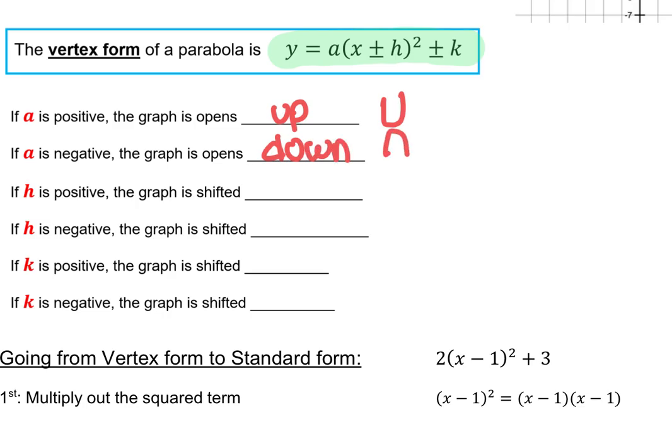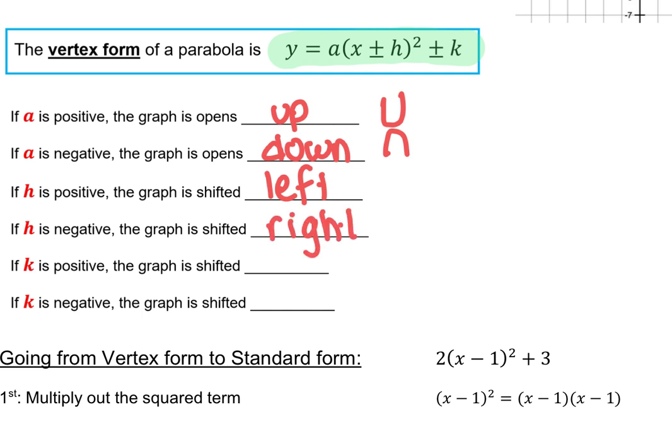If H is positive, now we're talking about H. This is the number inside the parenthesis. If that H is positive, the graph is shifted where? Left. To the left. If H is negative, then the graph shifts where? Right. To the right.